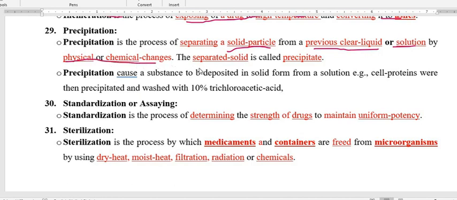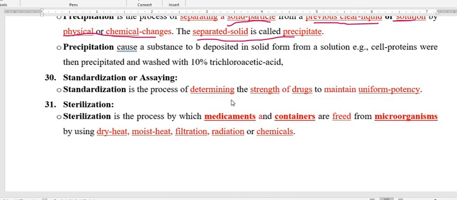The separated solid is called the precipitate. Precipitation is the process in which a substance is deposited in solid form from a solution.